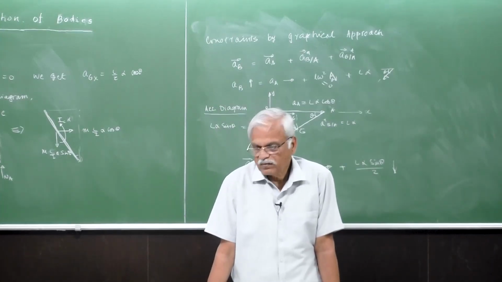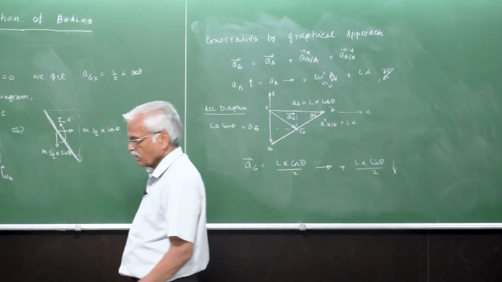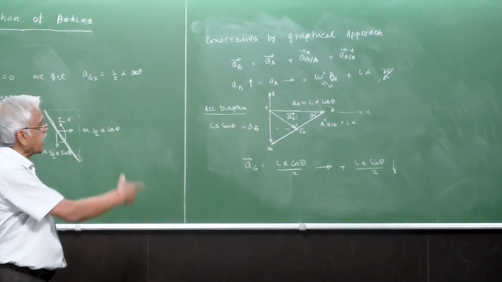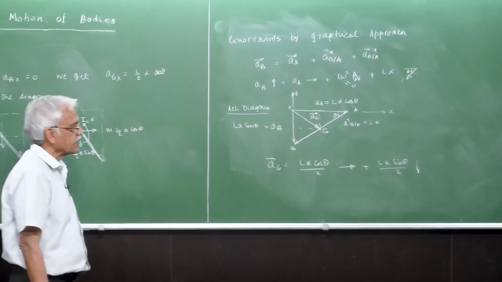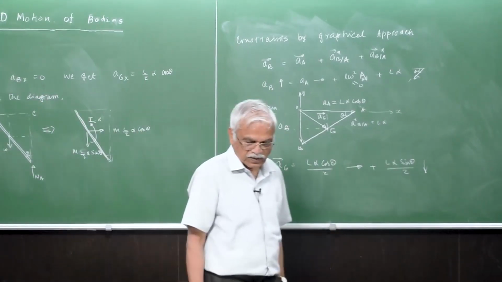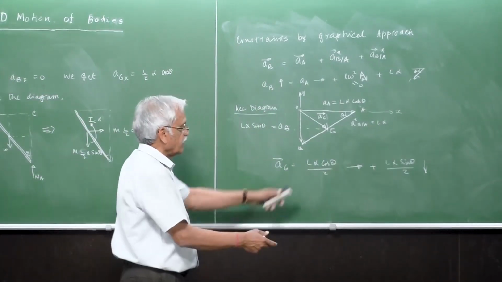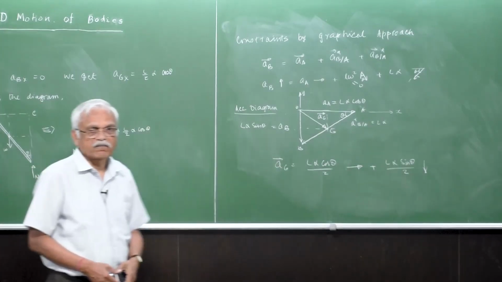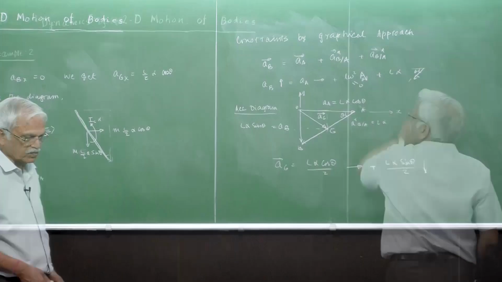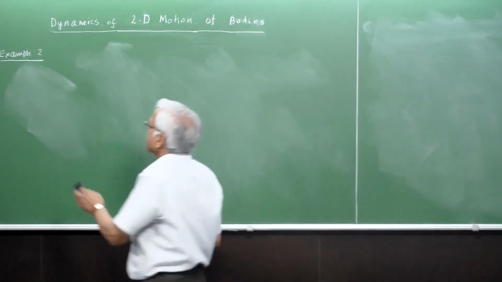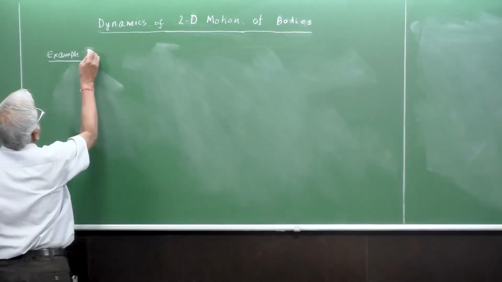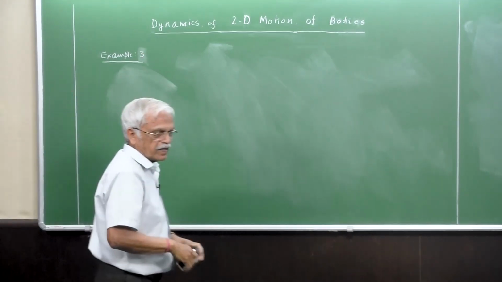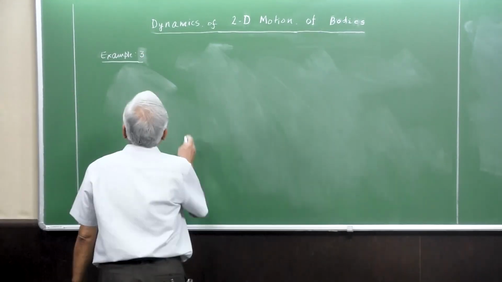It's always convenient if you can draw the acceleration diagram and get the constraint equation. And apart from that, once you have this, the rest of the procedure is applying the dynamic equation. So now let's look at another interesting problem. A connected body.